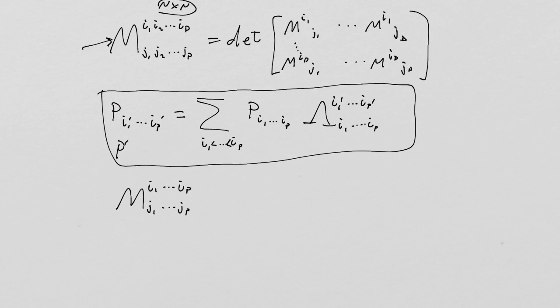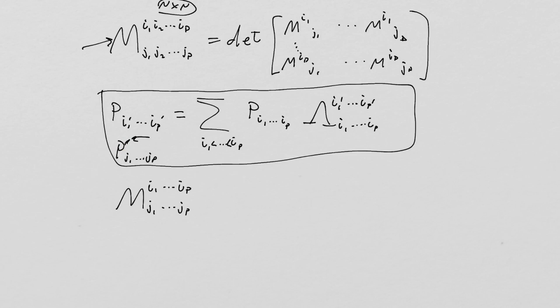I could write P prime J1 to JP, and this prime would indicate that it's in a new coordinate system. So these are just different indices, and that is purely a matter of how this notation is designed.